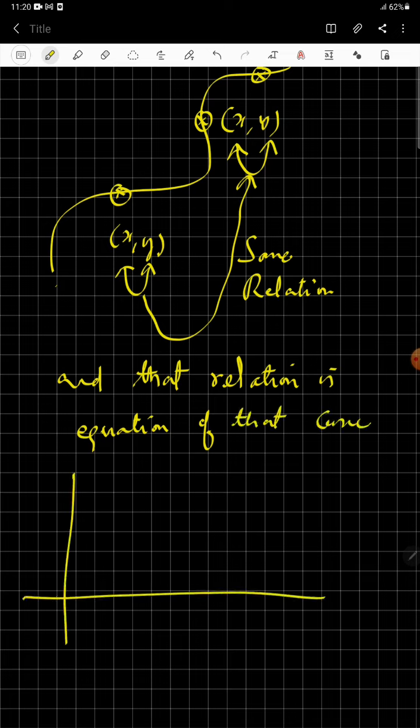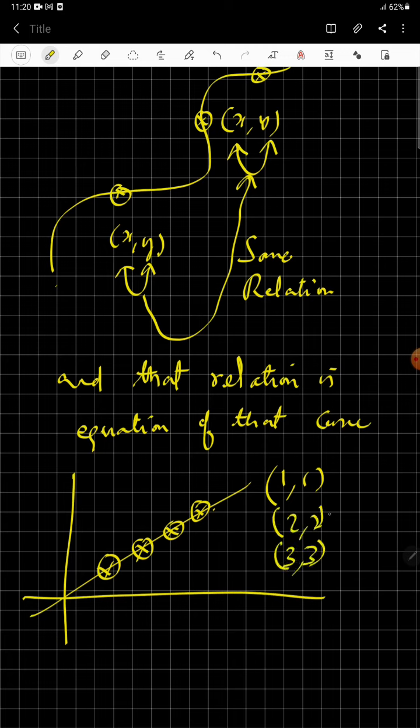For example, if I take like this 1 comma 1, 2 comma 2, 3 comma 3, 4 comma 4. So if you look at this one, then x is same as y. So that equation is nothing but y is equal to x.